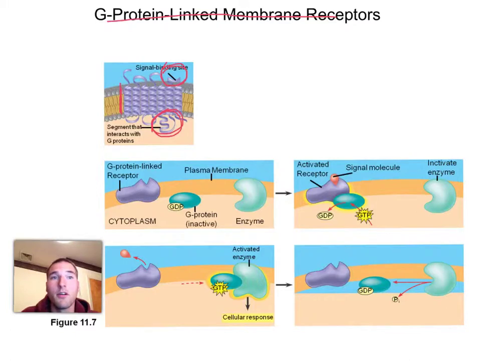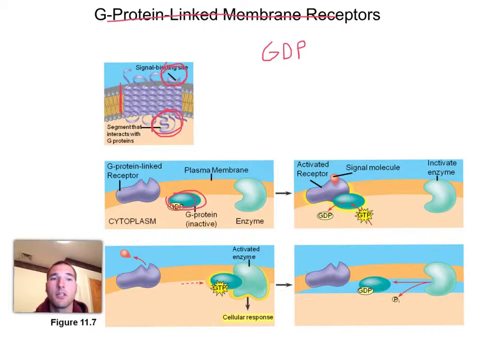And so we have this receptor here, and then our G protein. The G protein is a peripheral protein, which just means it stays on the outside edge of the plasma membrane, and it can move around there. So it can actually move around on the inside edge of the plasma membrane. And this G protein can either be active or inactive. The difference between the two is depending on which molecule it has on it.